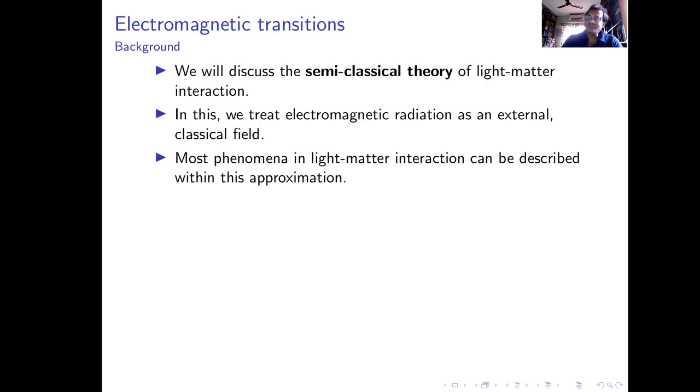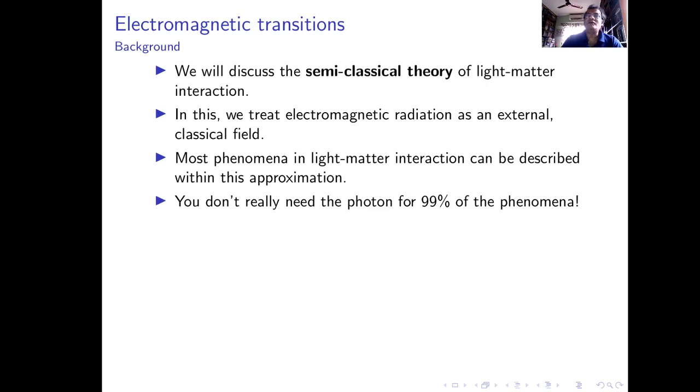But it so turns out, and this may be very counterintuitive based on the fact that the very development of quantum mechanics was through the photon, that for 99% of the phenomena involved in light-matter interaction, you do not really need the photon. You actually need the photon for a very small subclass of phenomena, and that constitutes the subject of quantum optics, which we will not consider in this series of lectures.